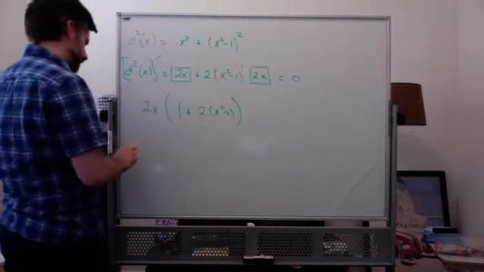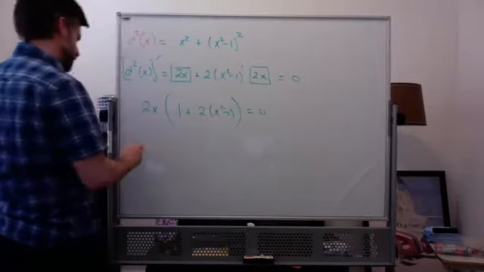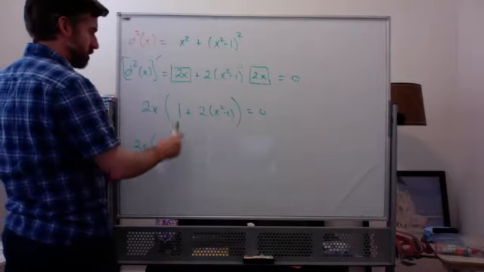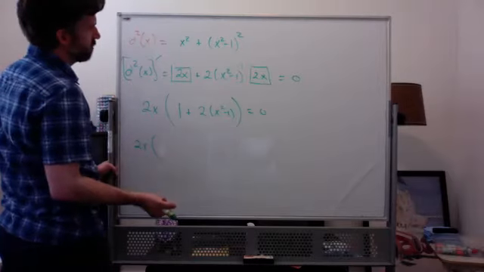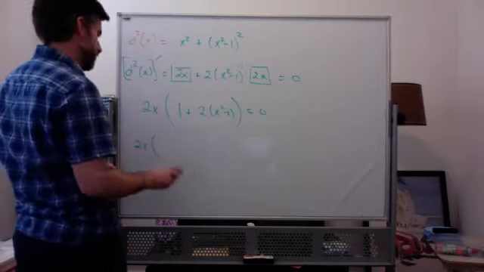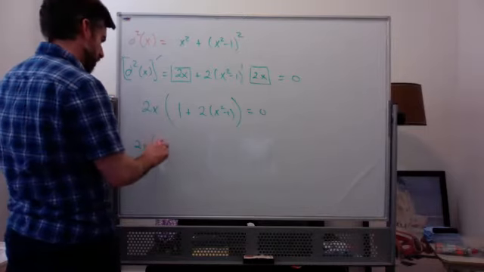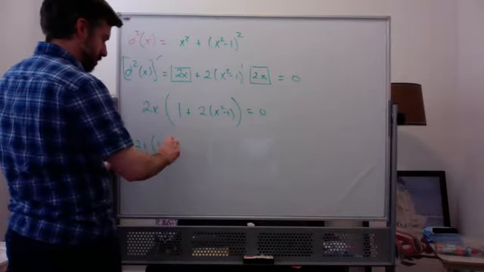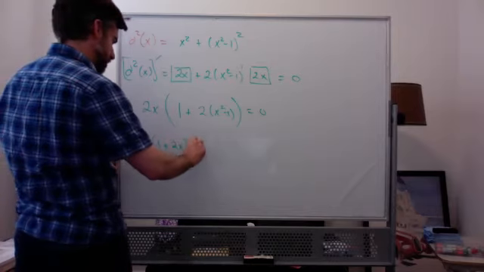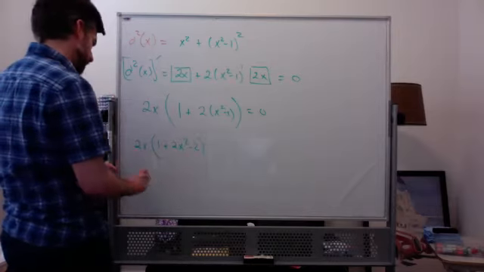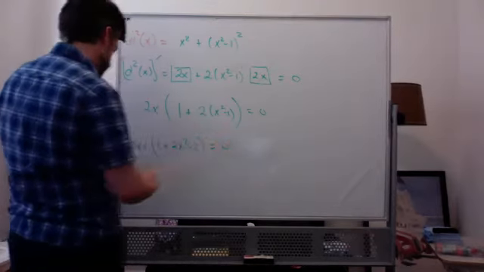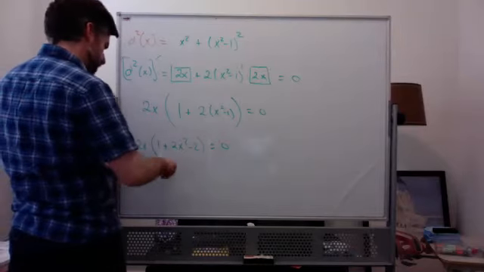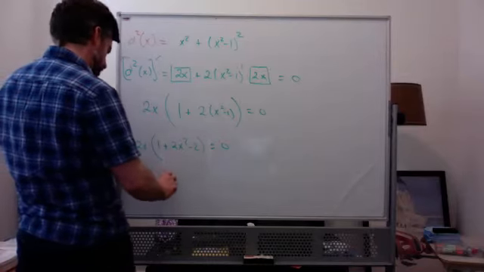So let's see, I get 2x times, this is going to be interesting, 1 plus 2x squared minus 2. So I end up with 2x times 2x squared minus 1.